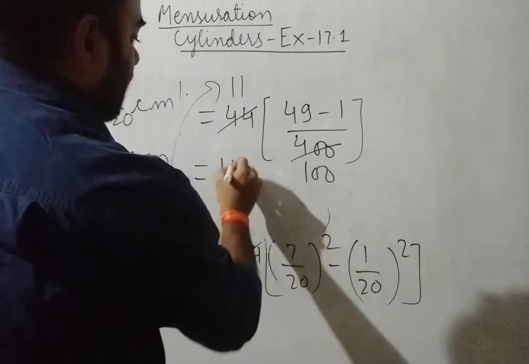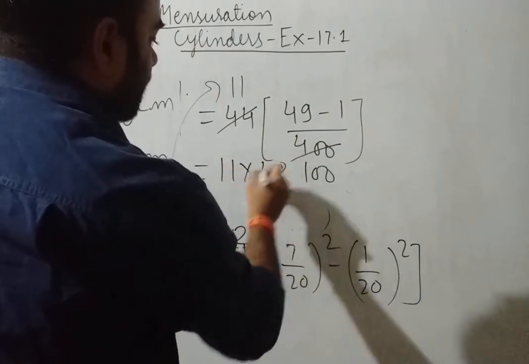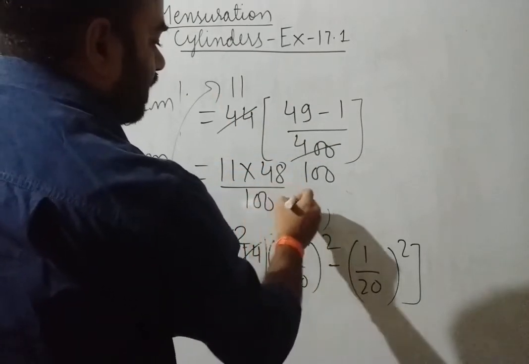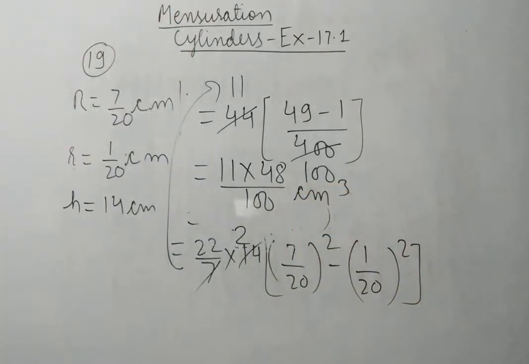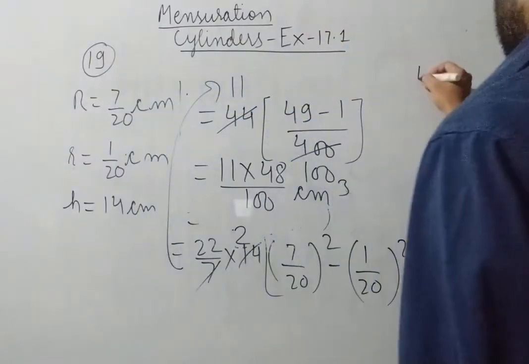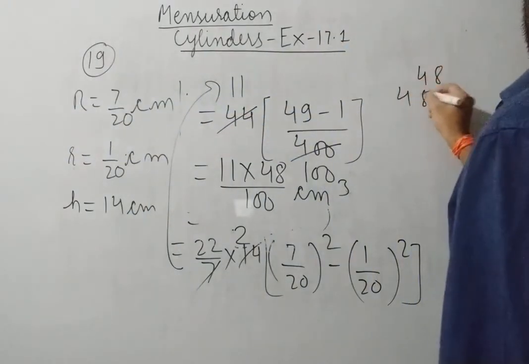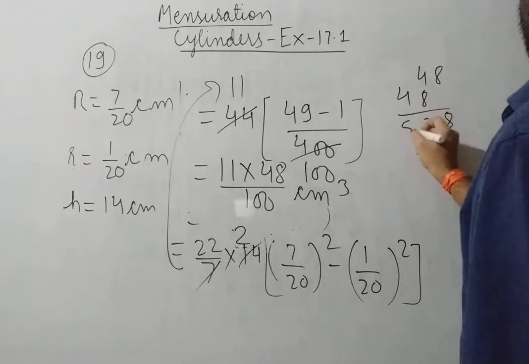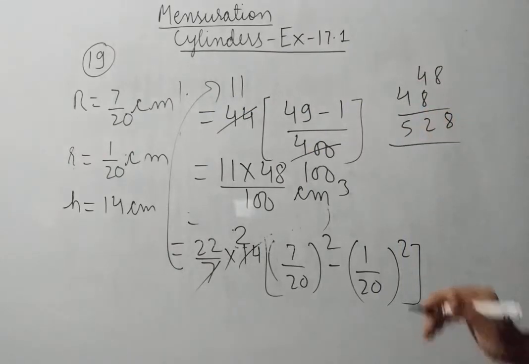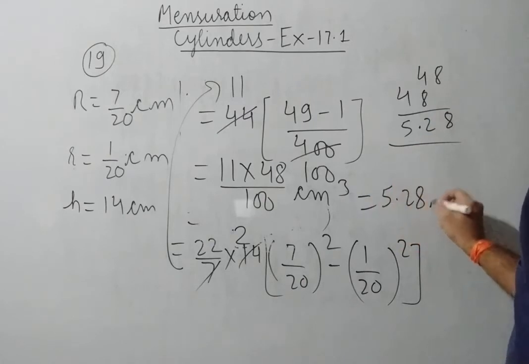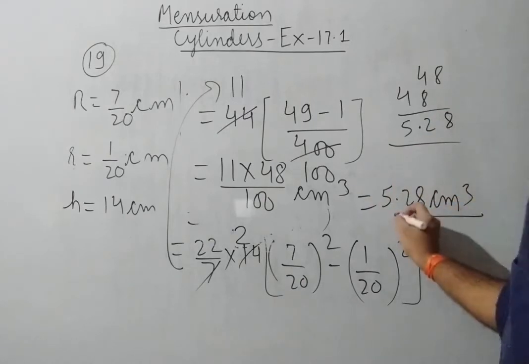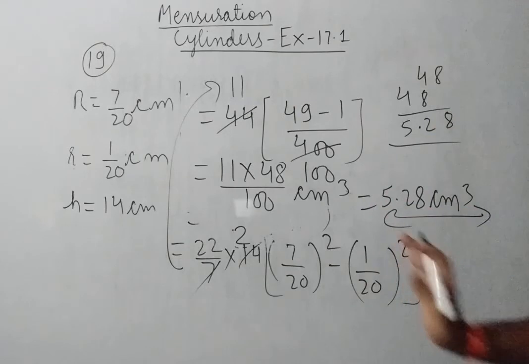So this is 11 into 48 upon 100 centimeter cube. So that will be 48. So this is 5.28 centimeter cube, the volume of the wood used.